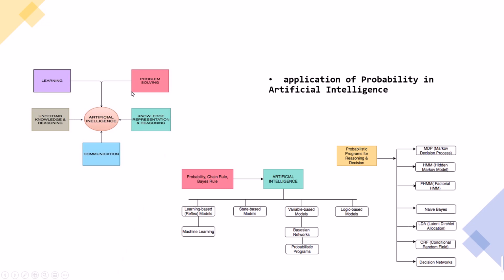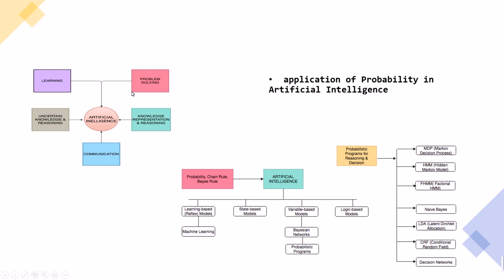This diagram shows where probability theory can be applied in areas like AI, machine learning, and NLP, which are listed separately due to their wide use and necessity for understanding.